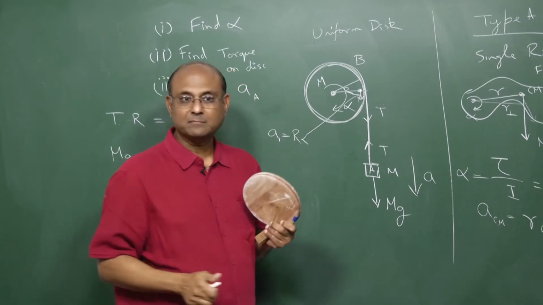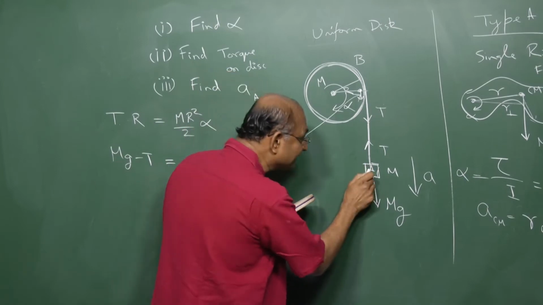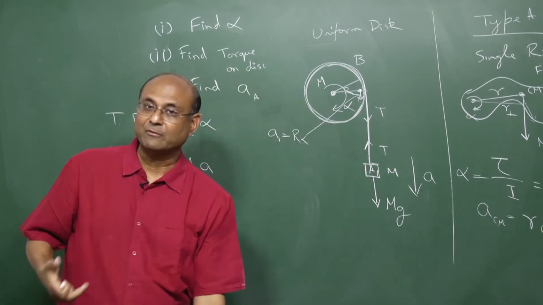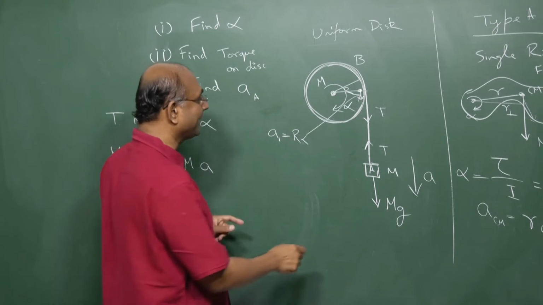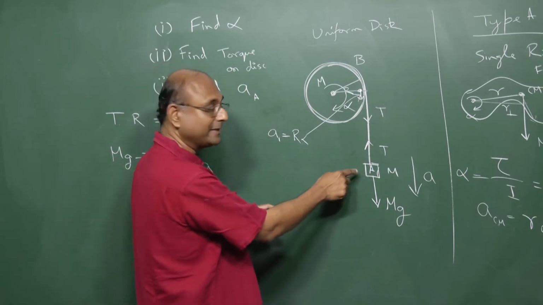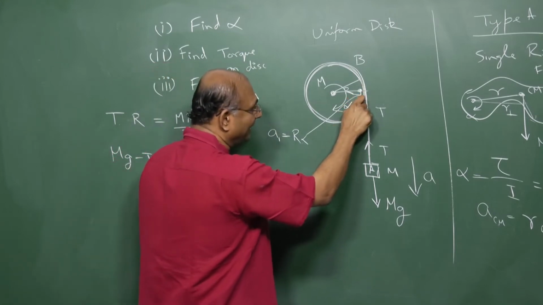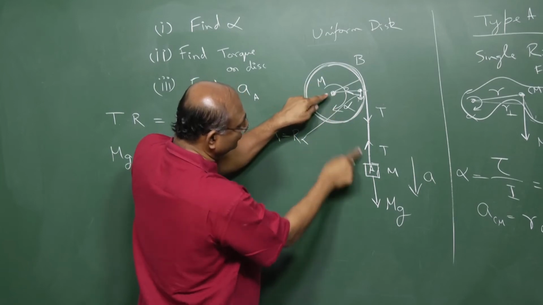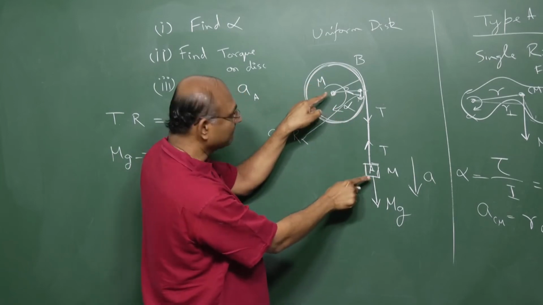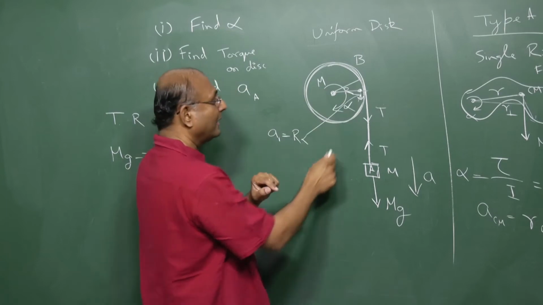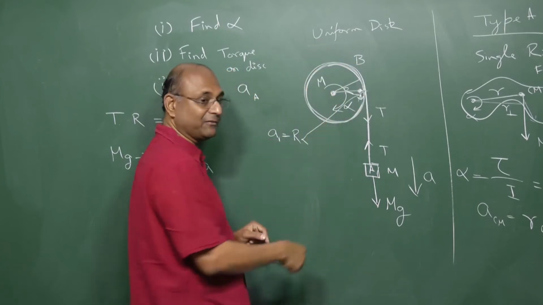A1 is r alpha. But you are trying to say this has r alpha. We have to figure that out. Why would that be correct? Why will this have a equals r alpha? We'll see. In fact, if you draw r, this fellow you should actually say is much larger r. It's not this r. I am talking about a point on the disk which has r alpha.